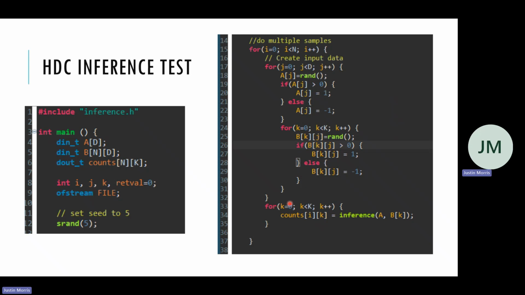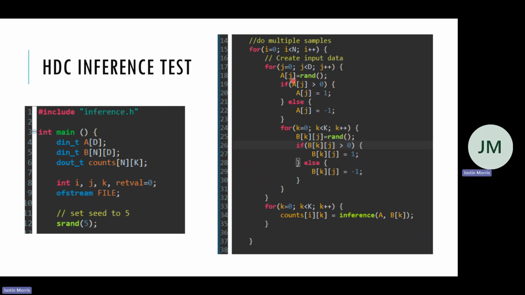And then after it's generated those vectors, it's going to loop through the classes, which are K, and call inference and get the number of matches for sample I, class K. So all we're doing is, srand is setting the seed. It's not generating random numbers. We're generating random numbers here with rand.